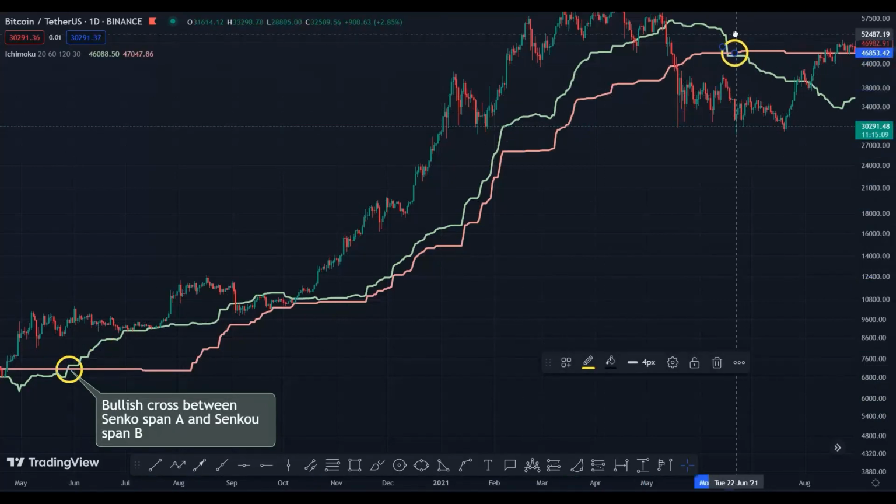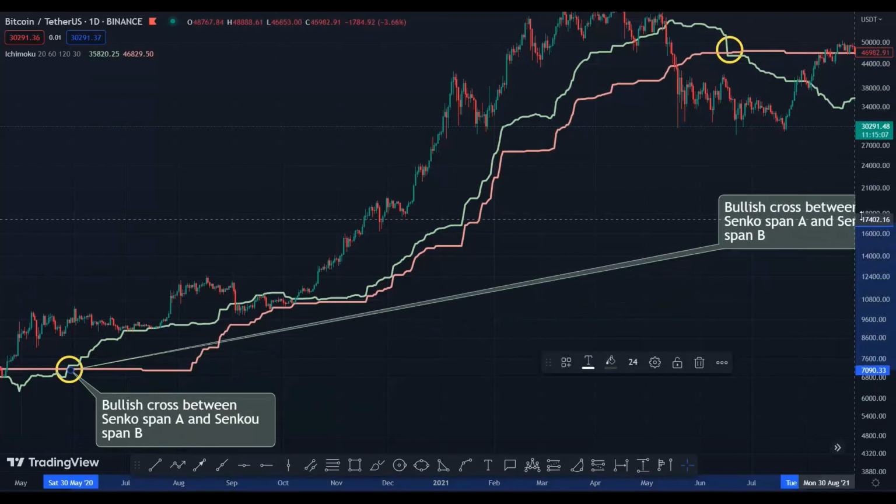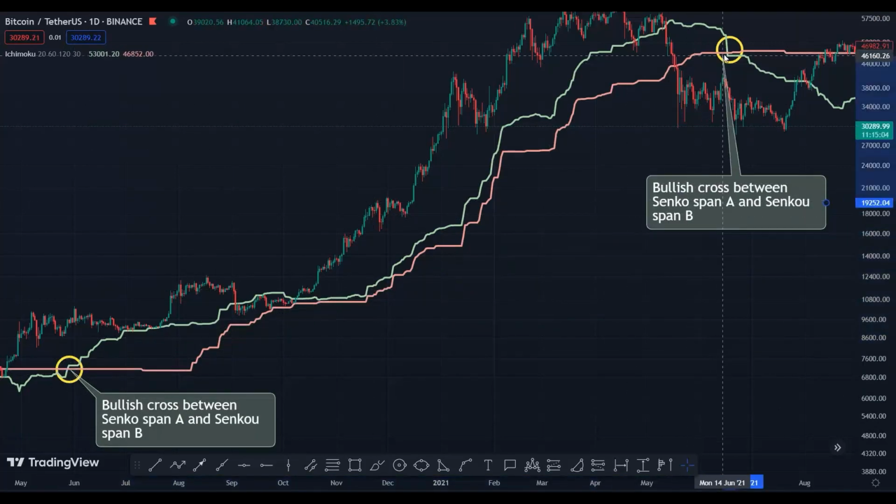This is the bearish cross that happened between these two. Here.